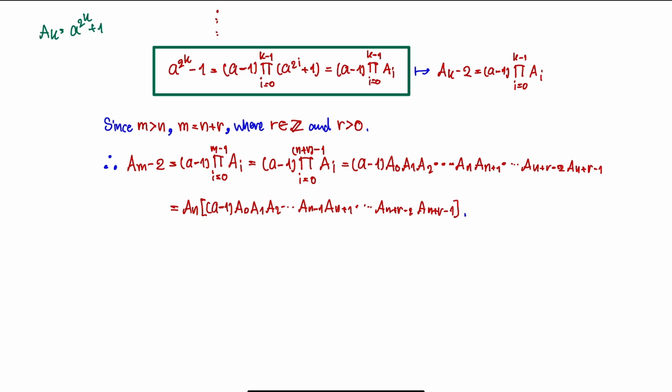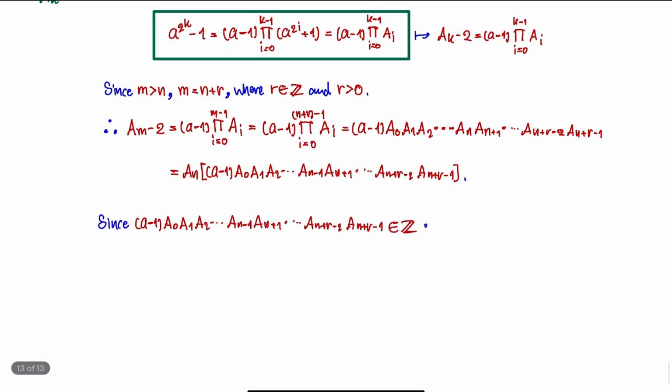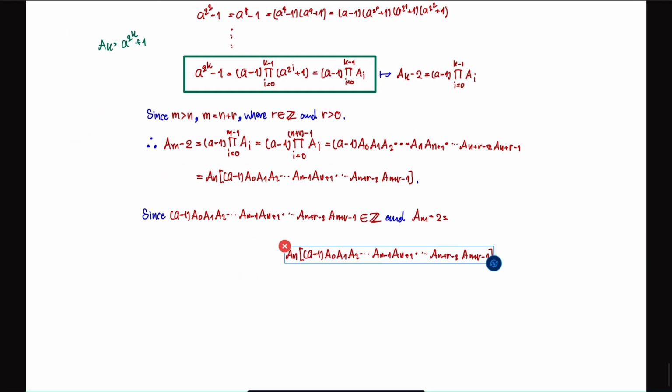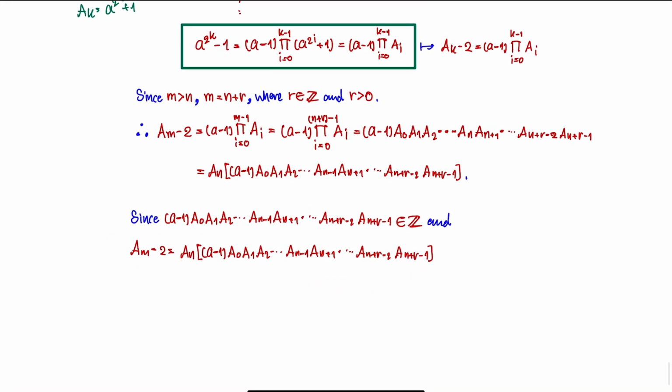Since this term is an integer, and we have a_m minus 2 equal to this term, let me write it down here. So we have a_n, and this is an integer.